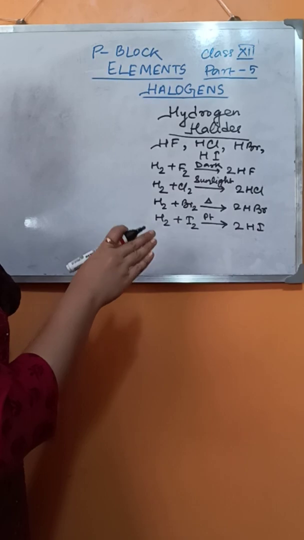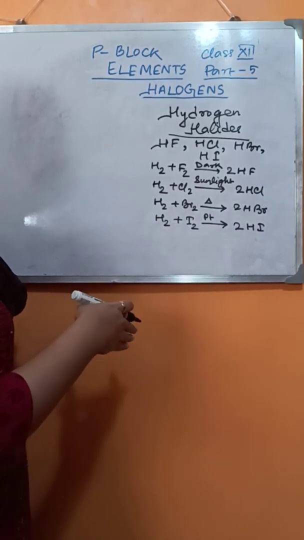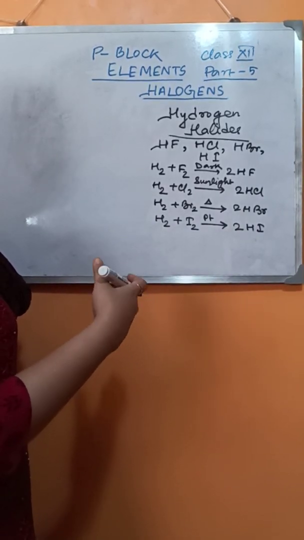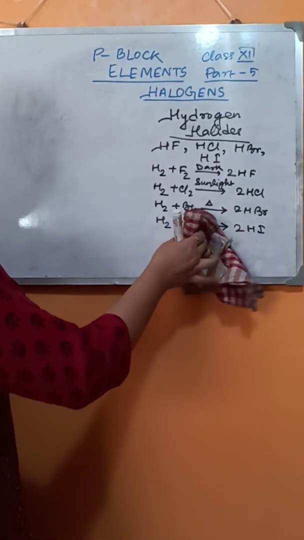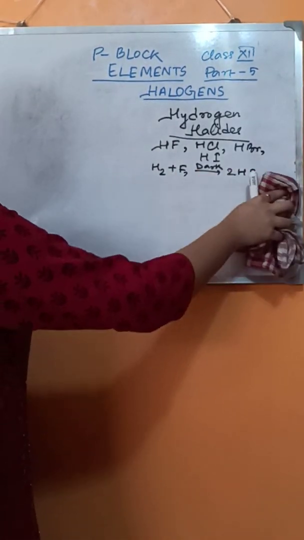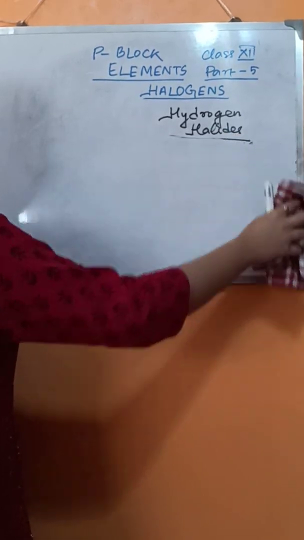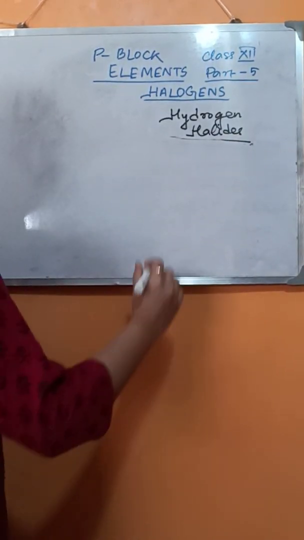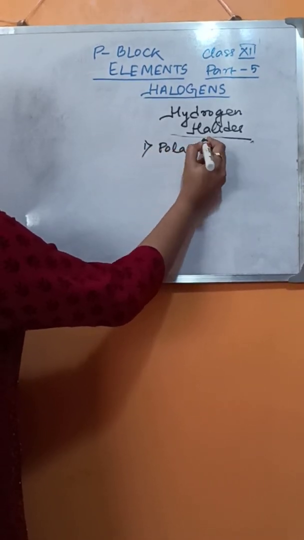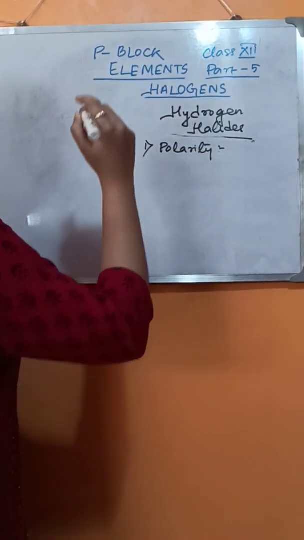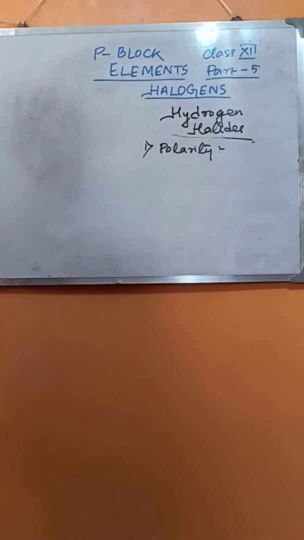More than the preparation of hydrogen halides, what is important is the properties. So I'll come to the properties, and the first property is polarity. Polarity of the hydrogen halides.